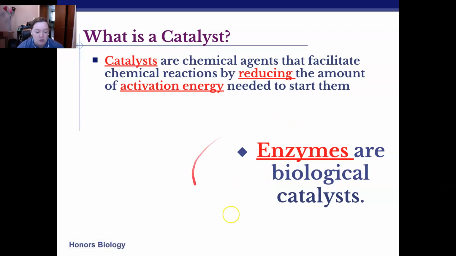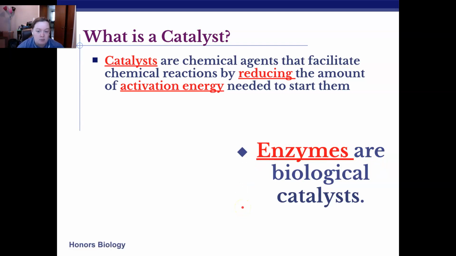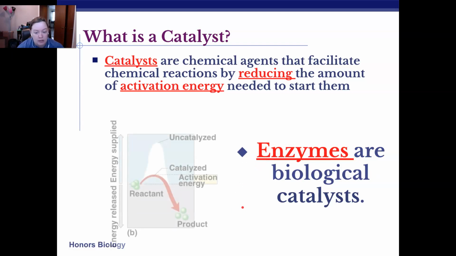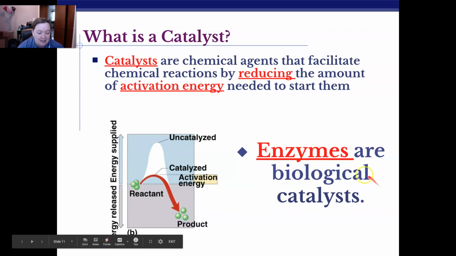So enzymes are biological catalysts that work inside of living things to speed up reactions by lowering that activation energy. So they lower that speed bump and help the reaction go faster. Therefore, they are called biological catalysts.